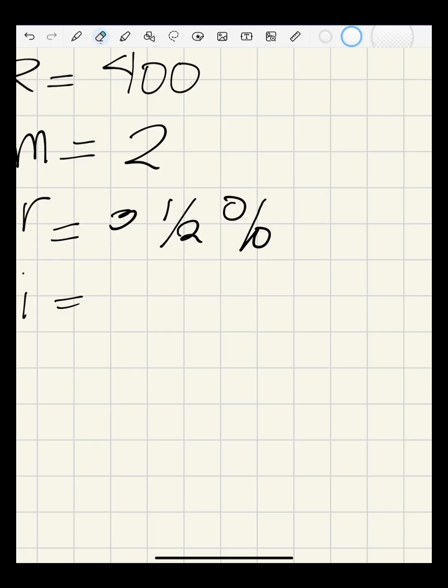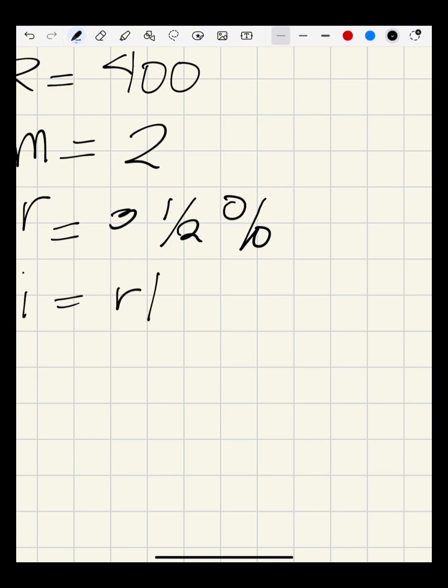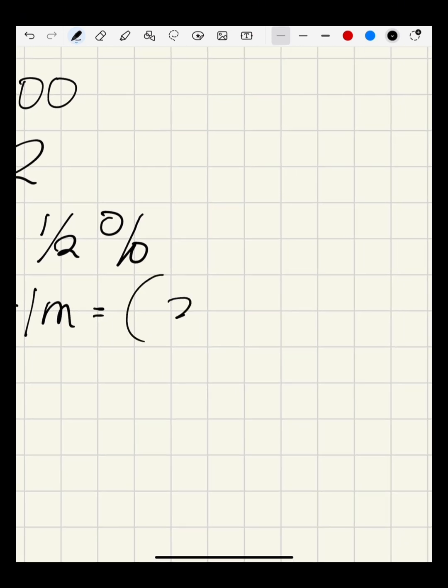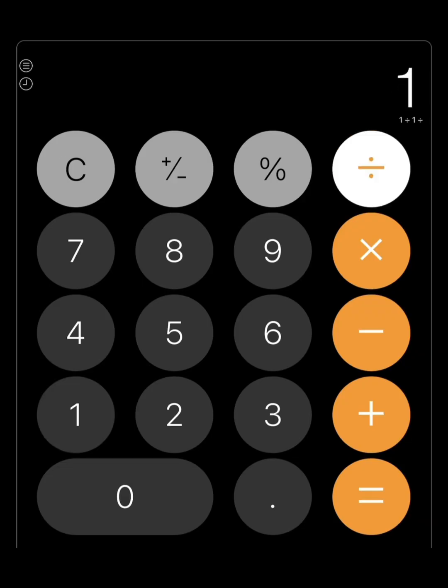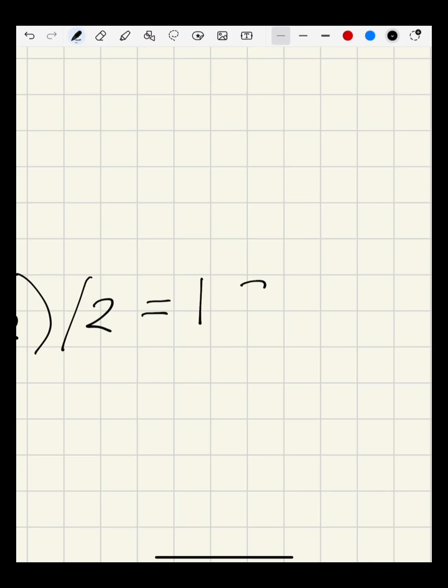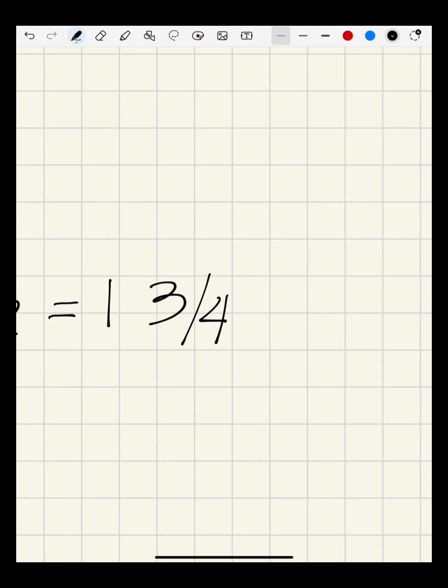Upon getting the i, you have to divide r and m, which is the 3 and 1/2% divided by 2. Now we have 1.75, and we're going to put it in percentage, which is 1 and 3/4.